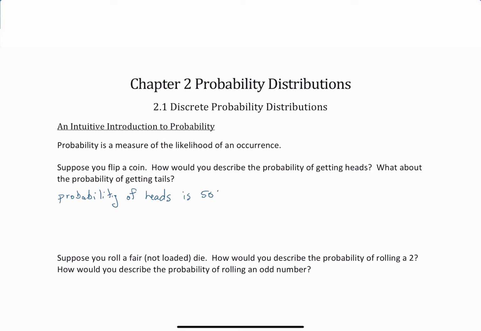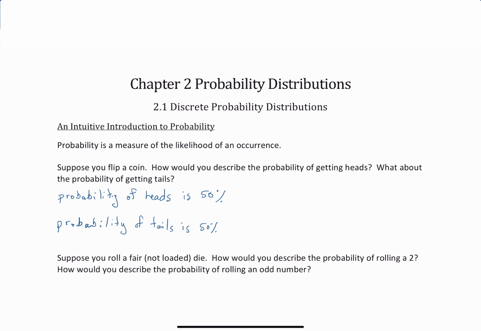And what we mean by that is you have a 50% chance or probability of getting a head, and similarly a 50% probability of getting tails.